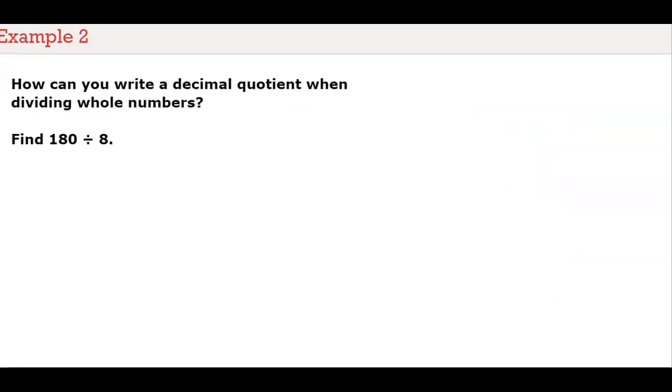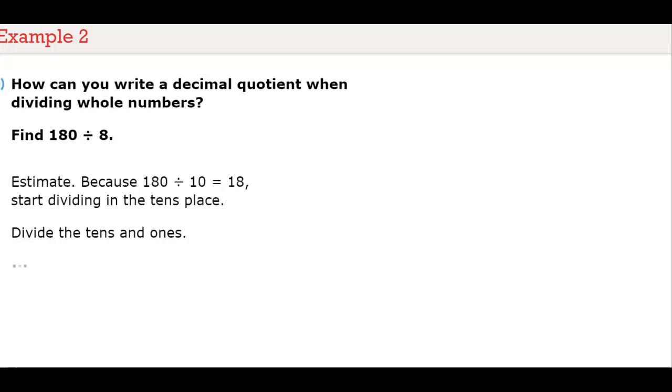How can you write a decimal quotient when dividing whole numbers? Find 180 divided by 8. We have 180 divided by 8, and they estimated first.